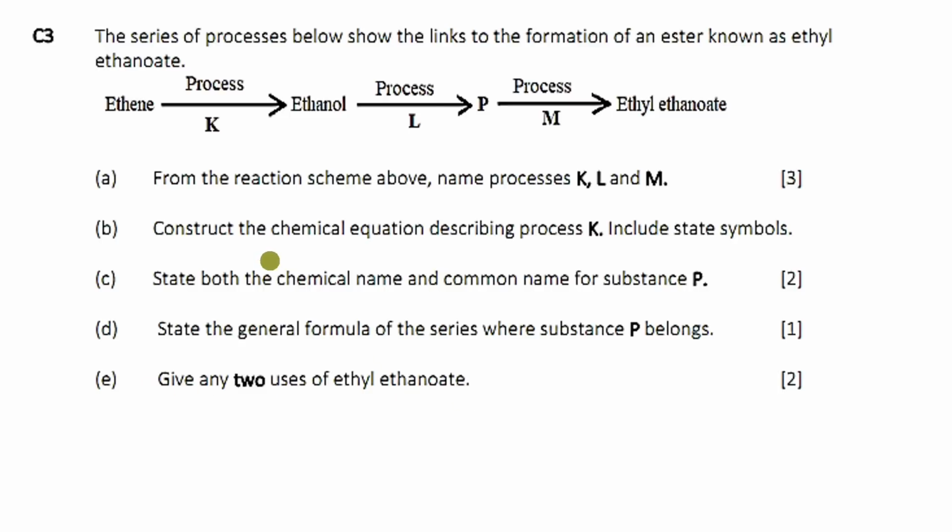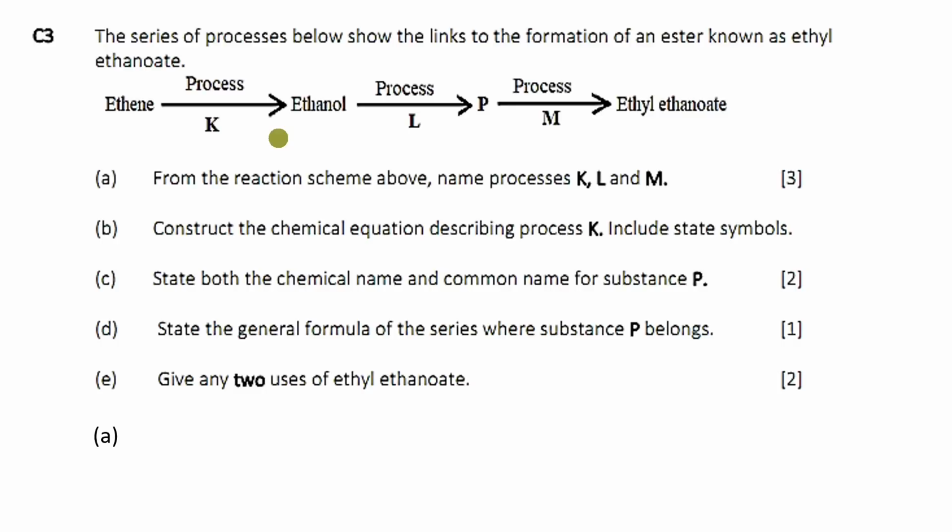So start answering. A, from the reaction scheme above, name process K, L, and M. So if ethene undergoes process K to form ethanol, that process is hydration.